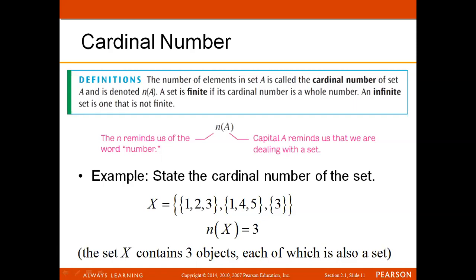So the number of objects in X itself is 3. The set X contains 3 objects, each of which is also a set.